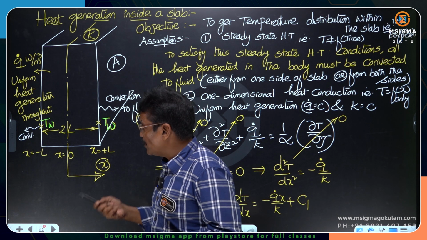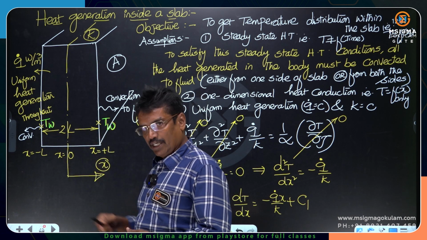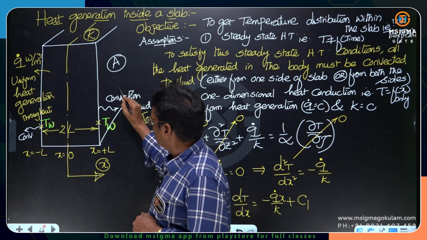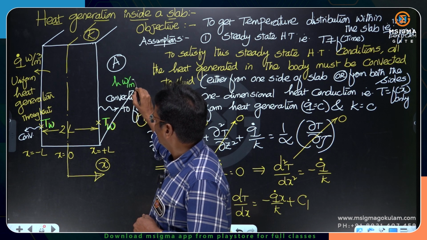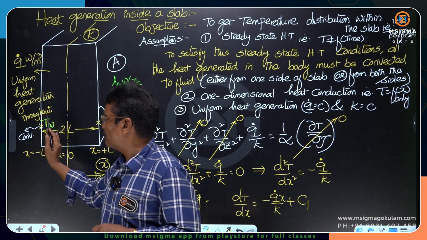Now, because I am proposing the same temperature on both sides, whatever convection heat transfer is happening on the right side with the convection coefficient h, the same amount of heat should be convected from the left side also.